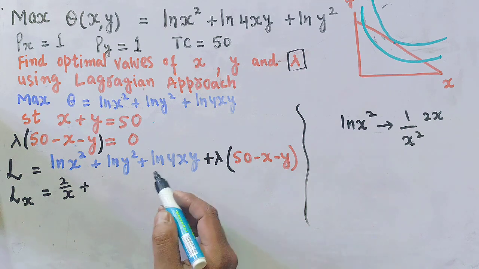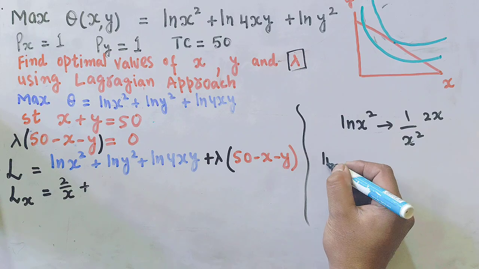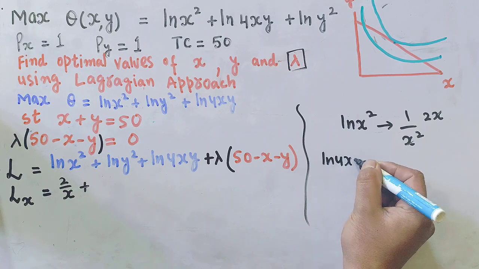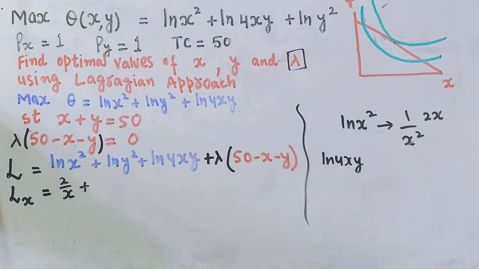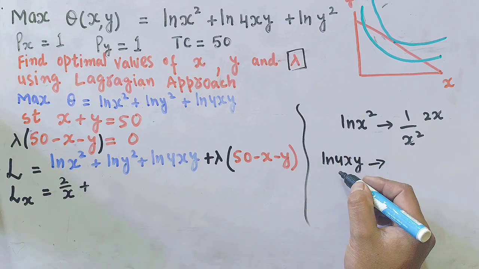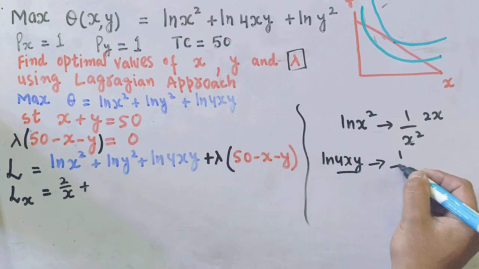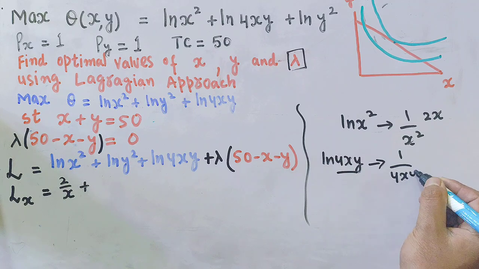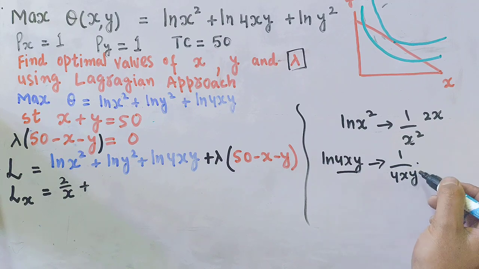Now the derivative of ln of 4xy with respect to x. First, the derivative of the log function, we know, is 1 upon 4xy times the partial derivative of 4xy with respect to x.